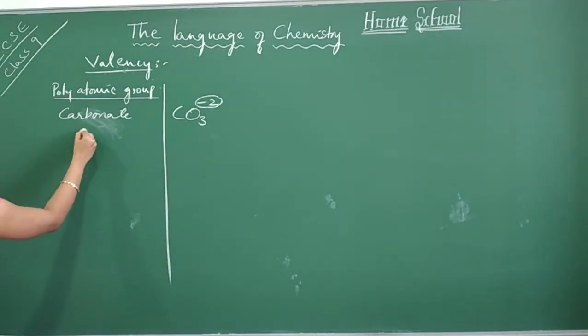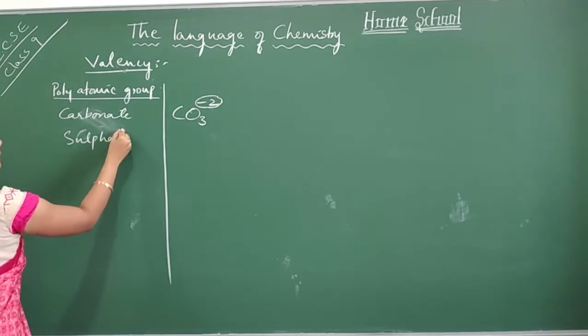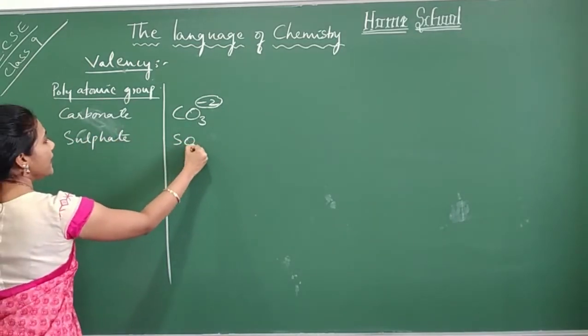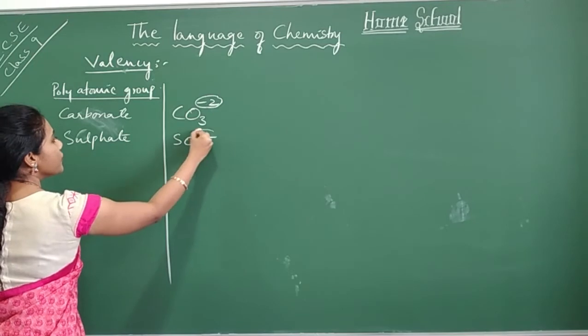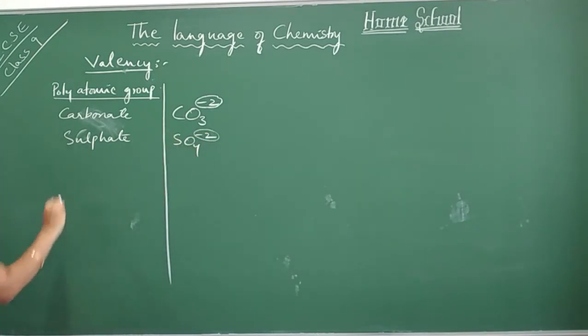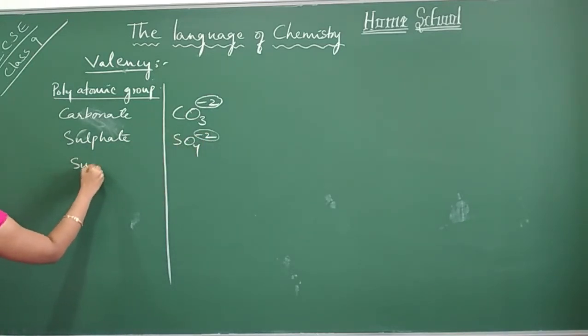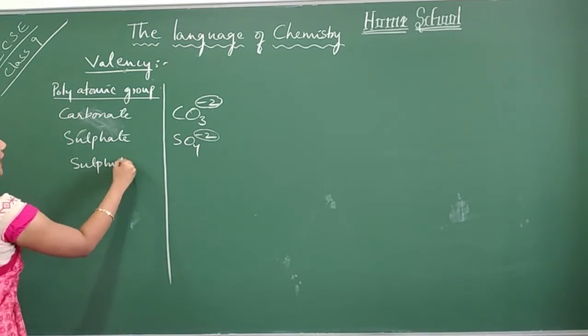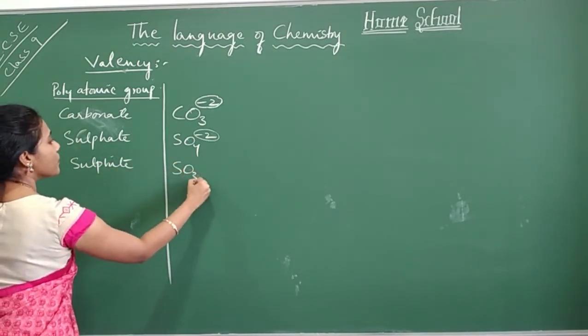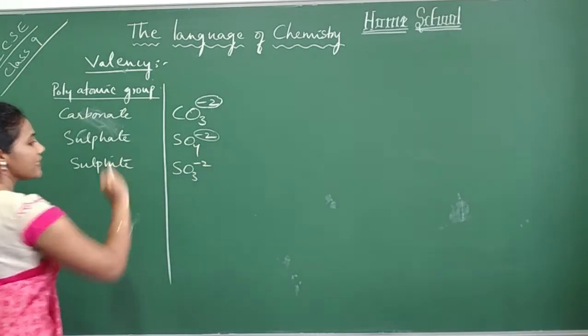And in a similar way, the sulfate group has the symbol SO4 minus 2. Minus 2 is its valency. Similarly, sulfite, SO3 minus 2 is its valency.